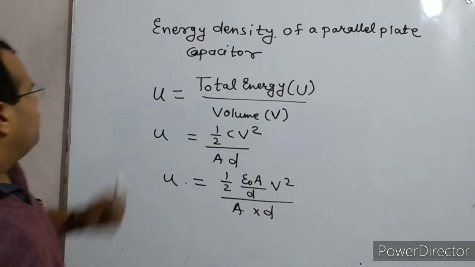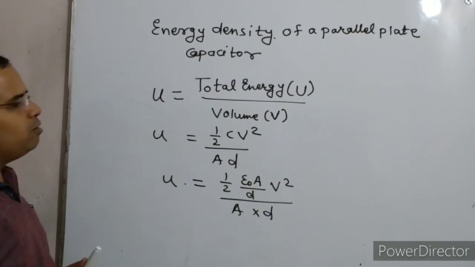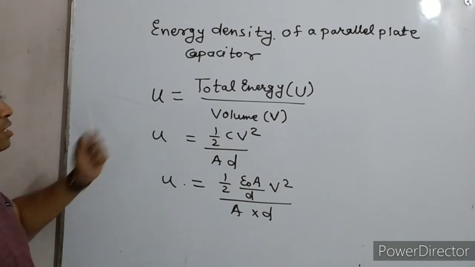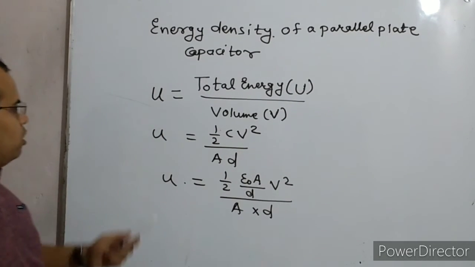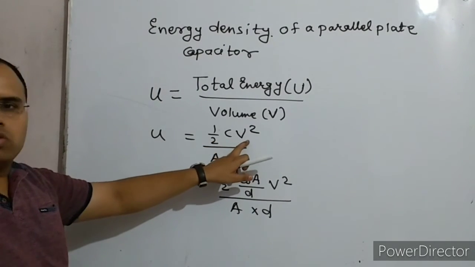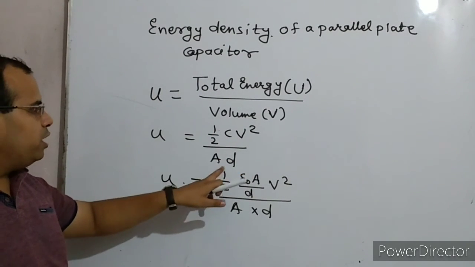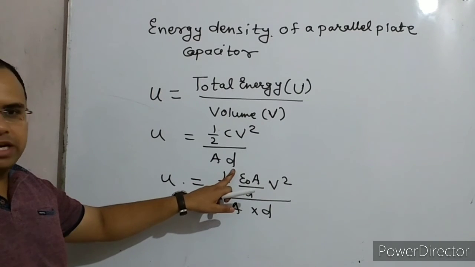Now we will be deriving the expression for energy density of a parallel plate capacitor. Energy density is defined as total energy divided by total volume. So total energy of a parallel plate capacitor is given by 1 by 2 CV square divided by volume, which is A into small d, because A is the area of the plate and d is the distance between the plates.